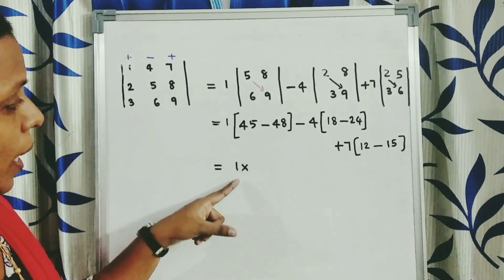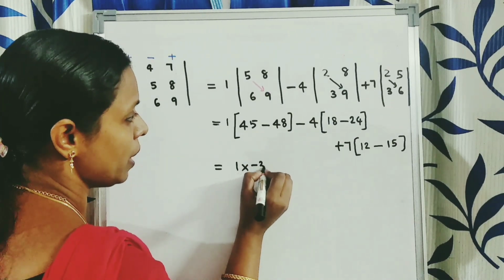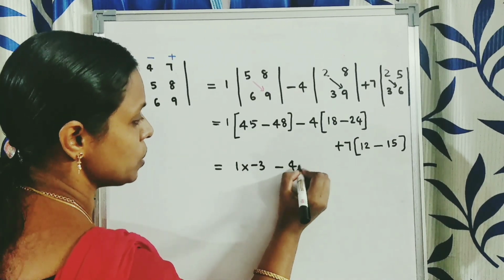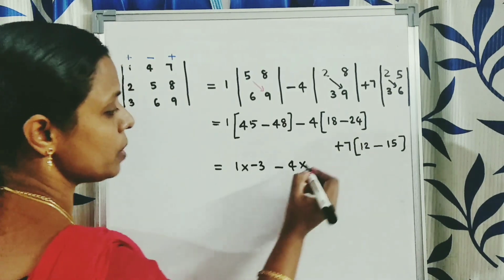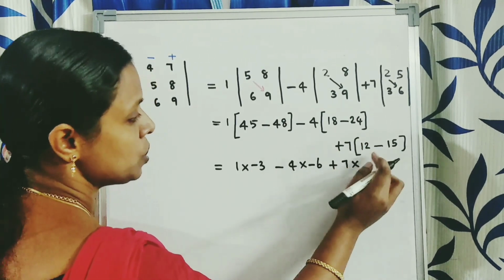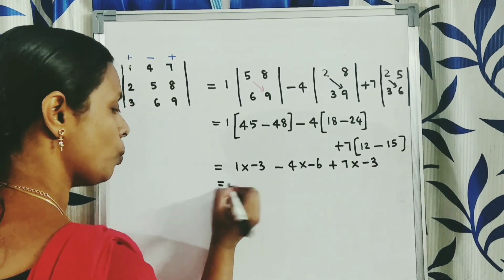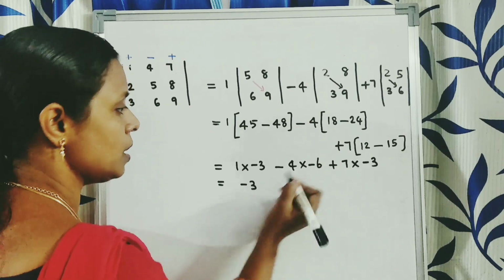We write 1 into 45 minus 48, which is minus 3. Then minus 4 into 18 minus 24, which is minus 6. Plus 7 into 12 minus 15, which is minus 3. We get 1 into negative 3 is negative 3.